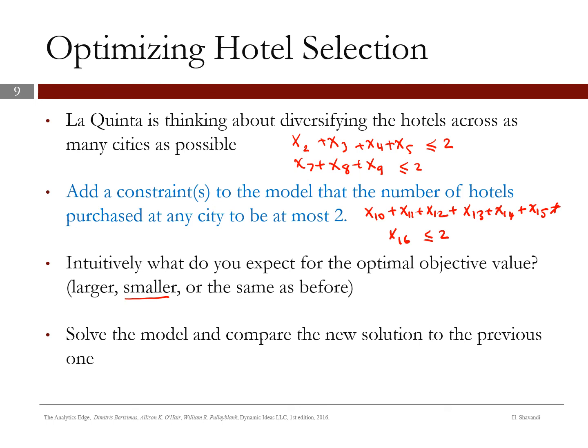Okay, so if we implement these 3 new constraints in the model and resolve it, the optimal solution would be buying the hotels 1, 5, 7, 8, 10, and 11. That is 6 hotels. Okay, and the Z star, the optimal objective value, would be 205.70, less than before, as you see here.